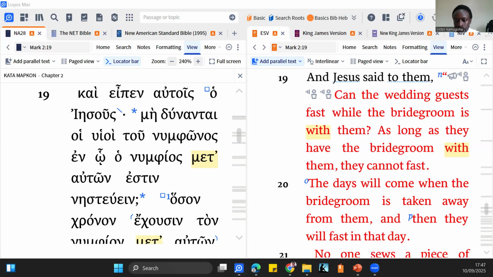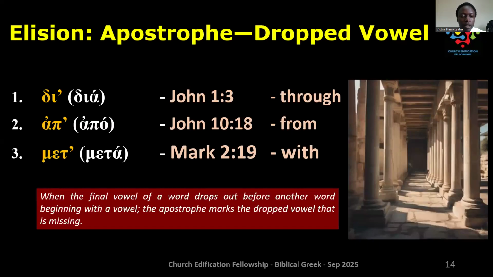Let me just show the letters that dropped again. In John 1:3, the letter that dropped was the alpha. In the second example, the Omicron drops, and then it becomes this, and then in meta, the alpha drops. So when those letters drop, and we shall see the circumstances under which they drop, that is an elision.